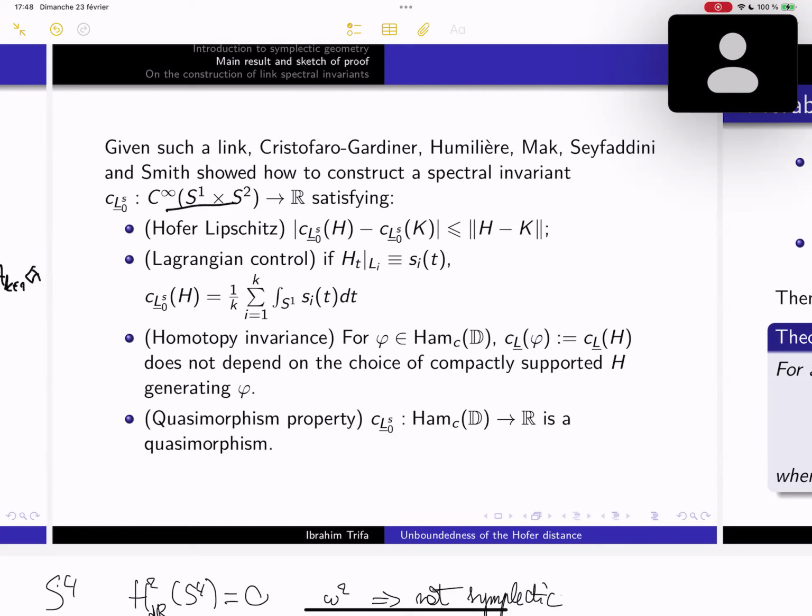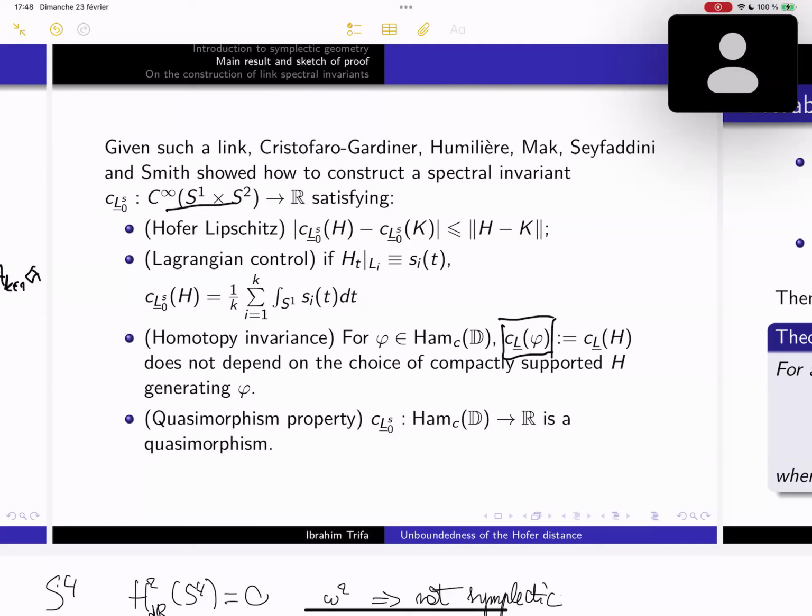Then this computation will not depend on the choice of H generating phi. And so I can define c_L of phi for a Hamiltonian diffeomorphism phi as this value c_L of H. Also, they show that this invariant is a quasimorphism.